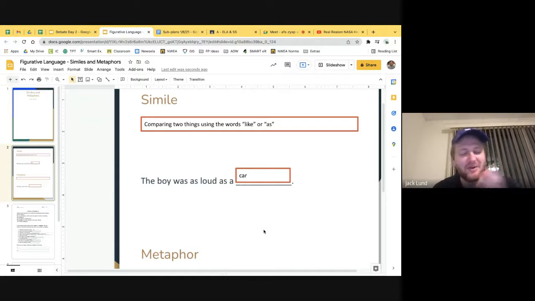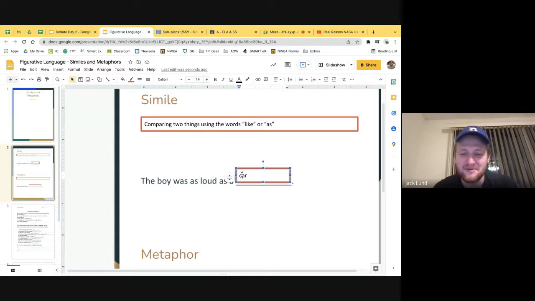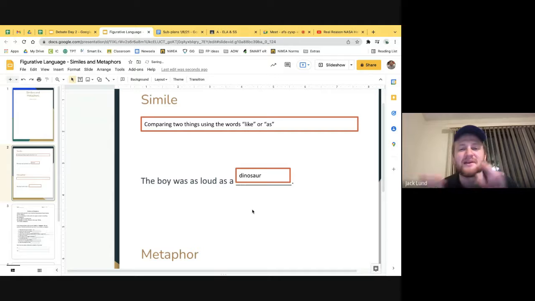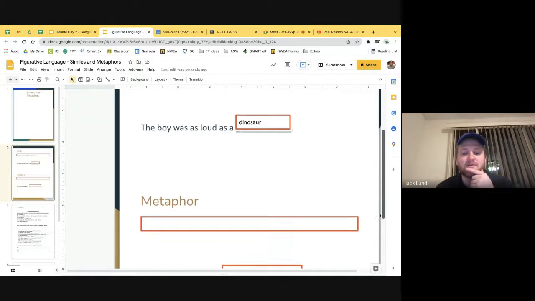You know what? I'm going to change that one. We're going to say dinosaur. I like that one more. The boy was as loud as a dinosaur. All right. So we are saying that the boy is similar, it's a simile, similar to the dinosaur because they're both loud. And I see that word as there. So boy, dinosaur, both loud. Simile.